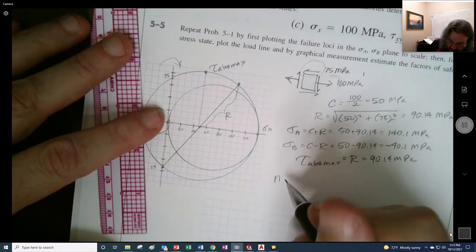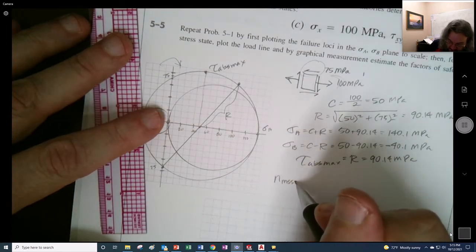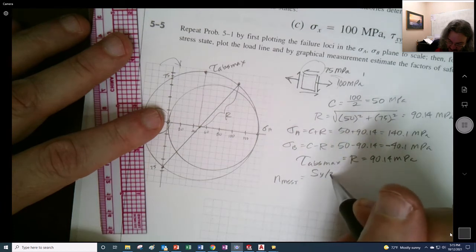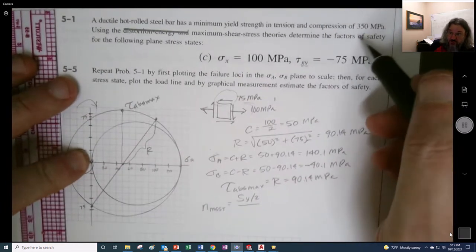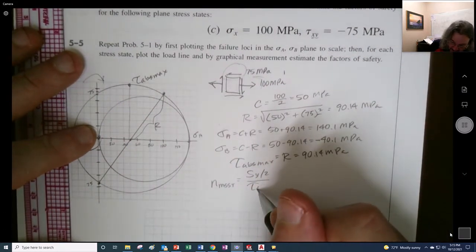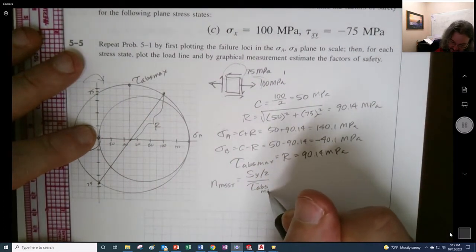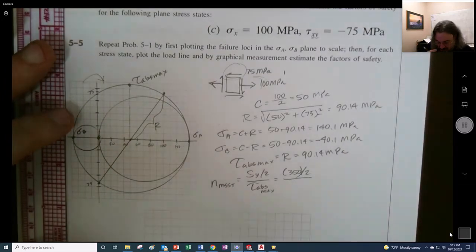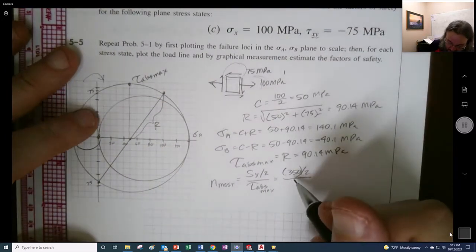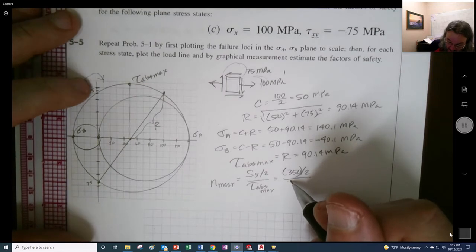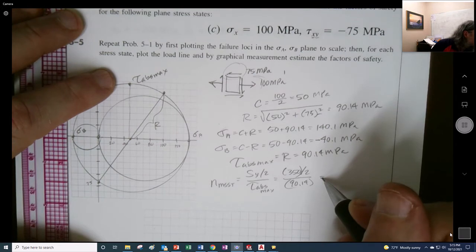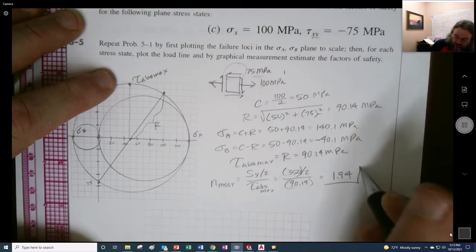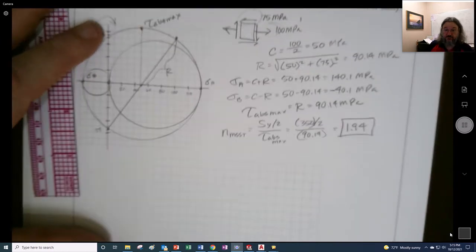So our safety factor in maximum shear stress theory could be the yield strength divided by 2, and the yield strength we were told was 350, divided by the abs max shear, or 350 divided by 2, which should be 175, divided by 90.14. And if we do that, we end up getting 1.94 is our safety factor.